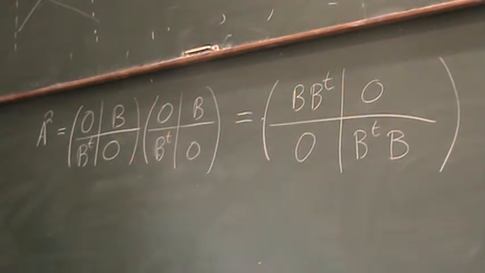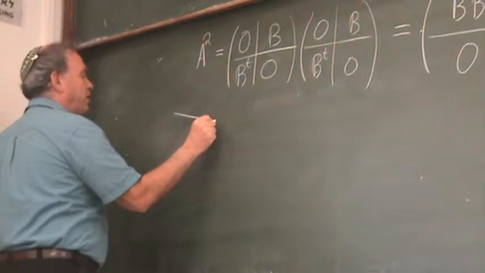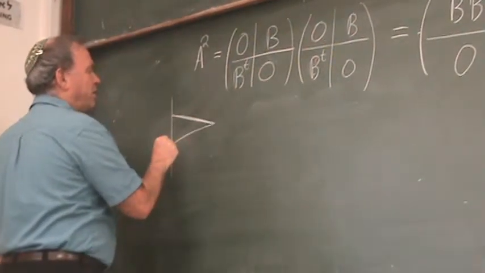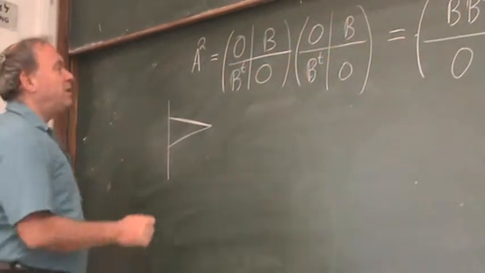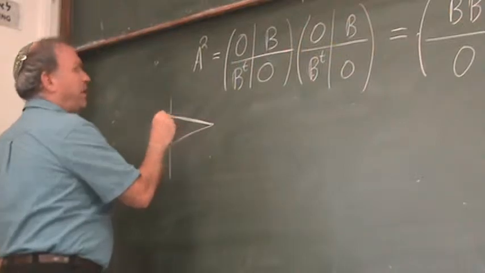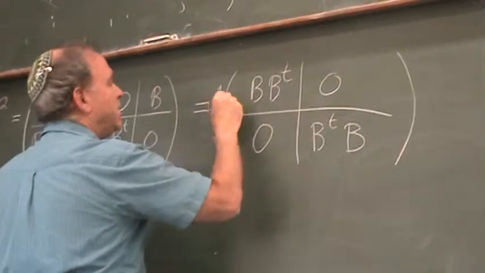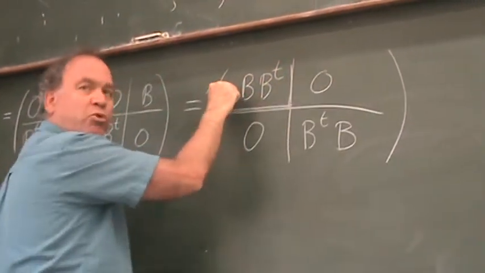You remember that A squared really represents going from here to here and back, paths of length two. Here it is like 1 and 2. So this part is starting at 1, going to 2, and coming back to 1.